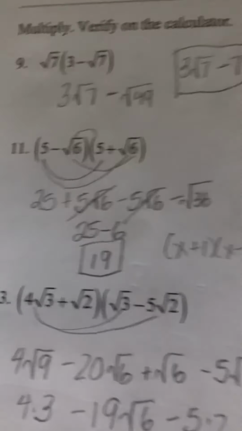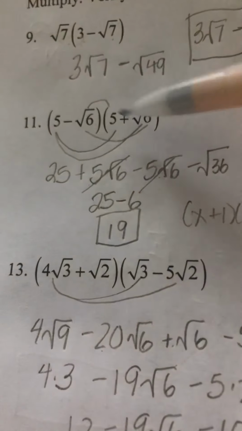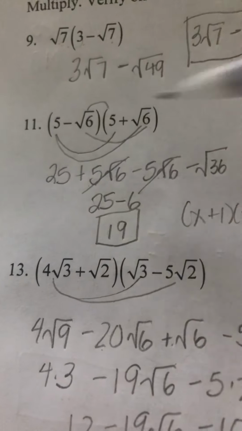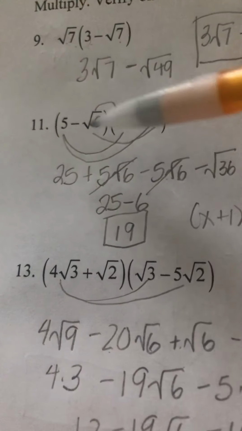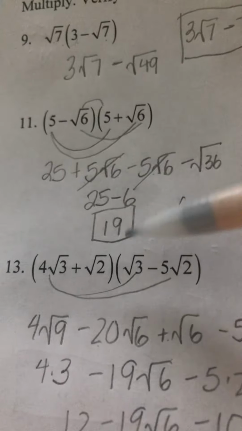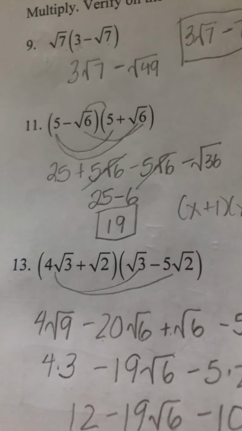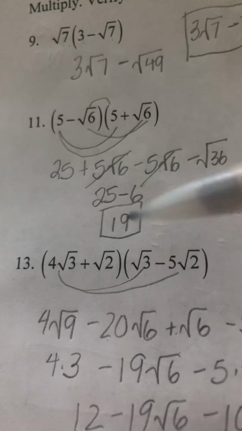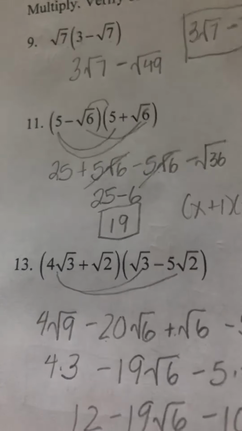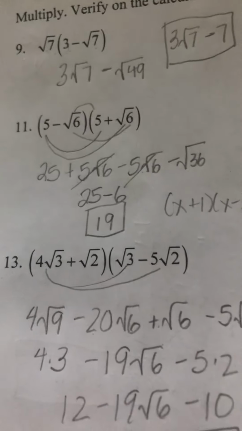So there were conjugates on 11. Look, because it's the same exact thing, it's just different signs. These are called conjugates. You just change the sign in between the 2 terms. What happens when you multiplied them? You ended up with something that did not have a radical in at all. And that's what you want your goal to be here. So that's why you use the conjugate, because when you multiply by the conjugate, it always gets rid of the radicals.